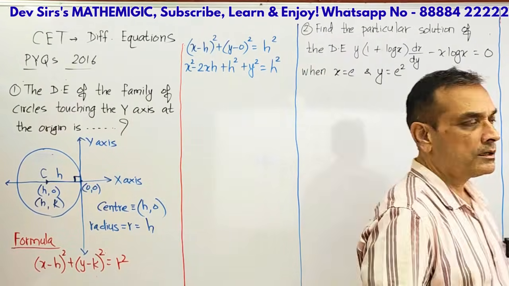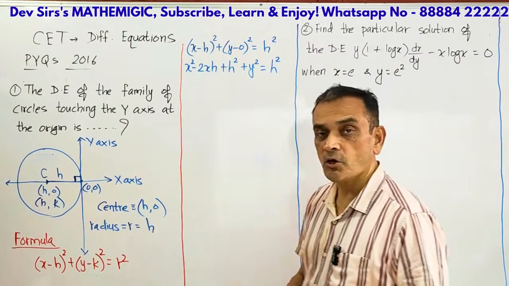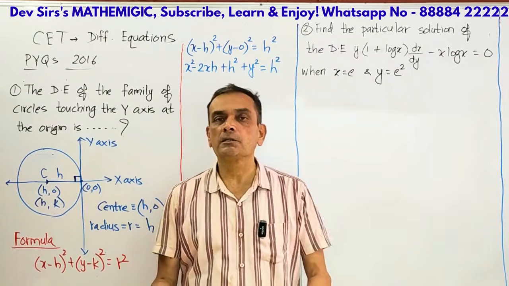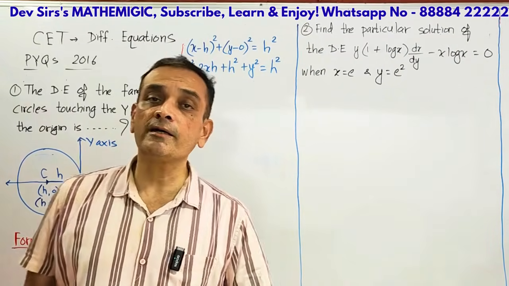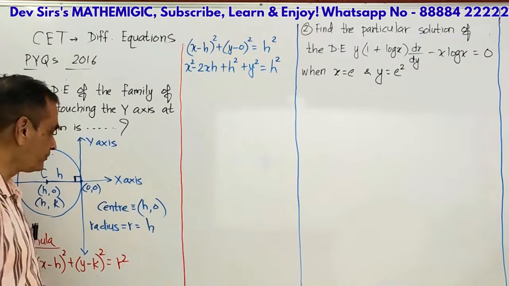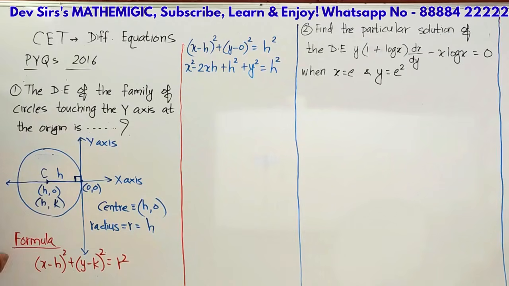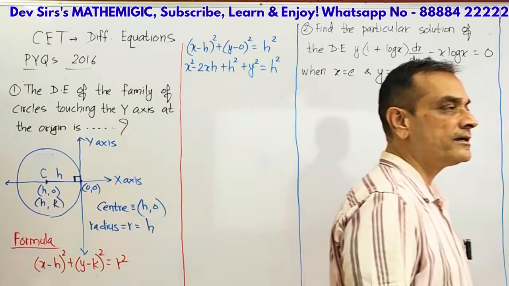Okay, now to form the equation, first you have to get the equation of the circle. Then only you are going to get the differential equation. So how do you get the equation of circle now? Formula, center radius form: x minus h bracket squared plus y minus k bracket squared equal to r squared. h and k represent the coordinates of the center.